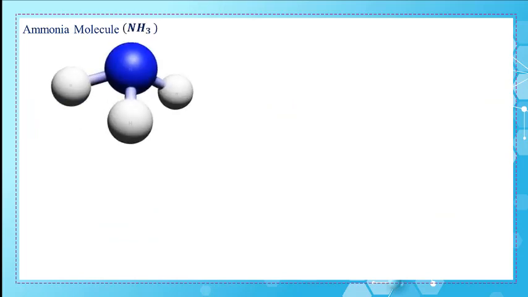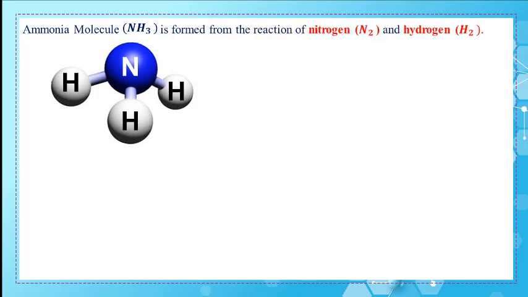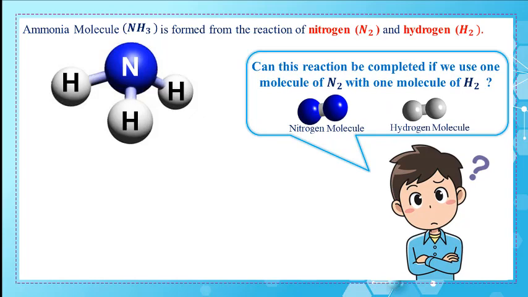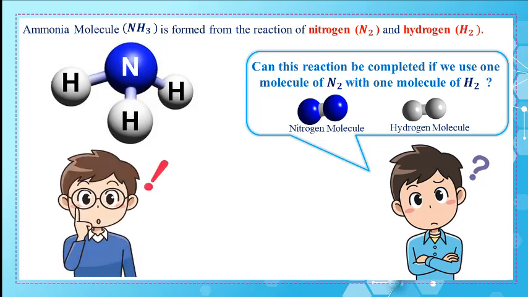Ammonia molecule NH3 is made up of one nitrogen atom and three hydrogen atoms. Ammonia is formed from the reaction of nitrogen N2 and hydrogen H2. Can this reaction be completed if we use one molecule of nitrogen and one molecule of hydrogen?